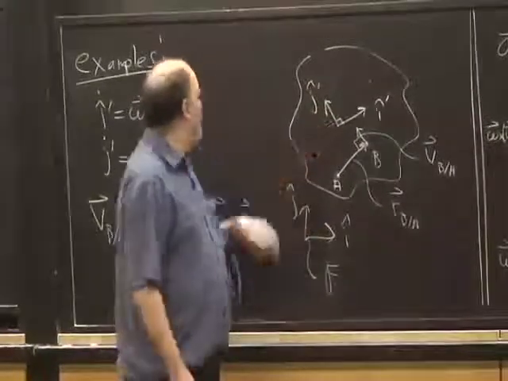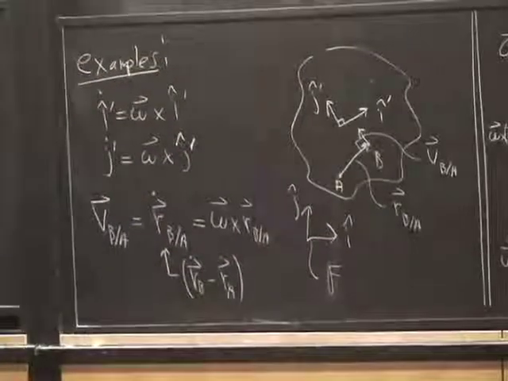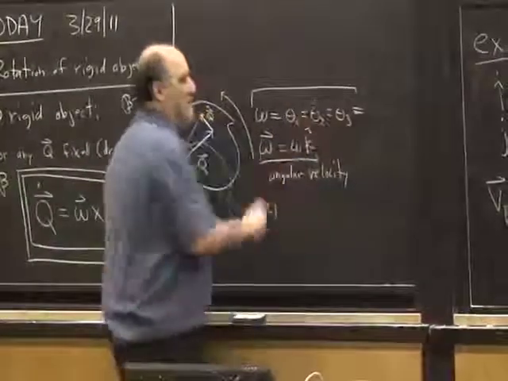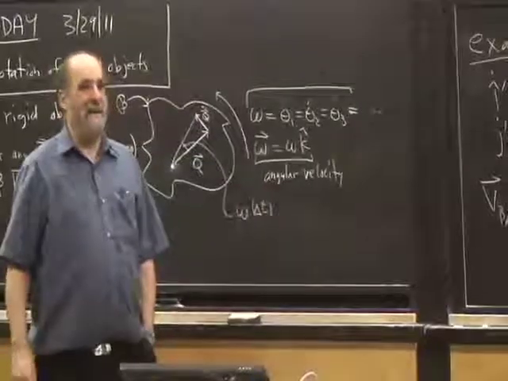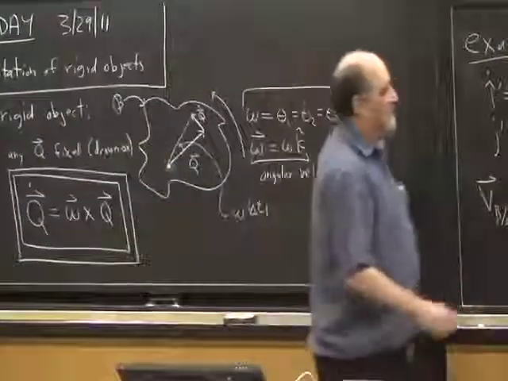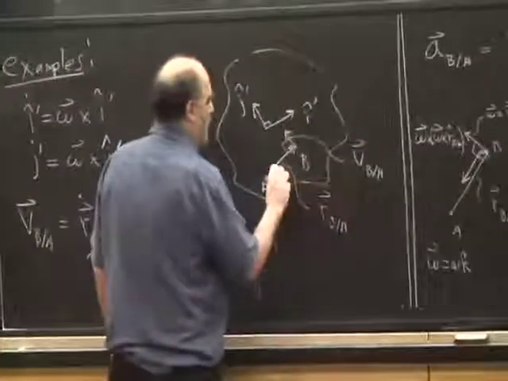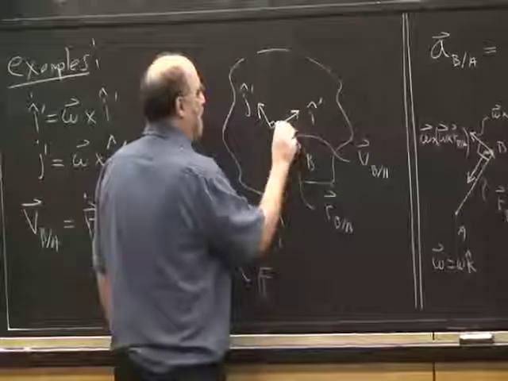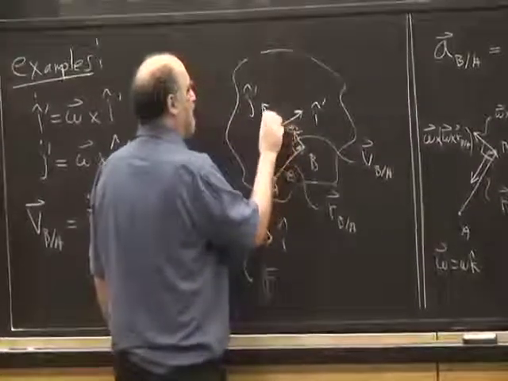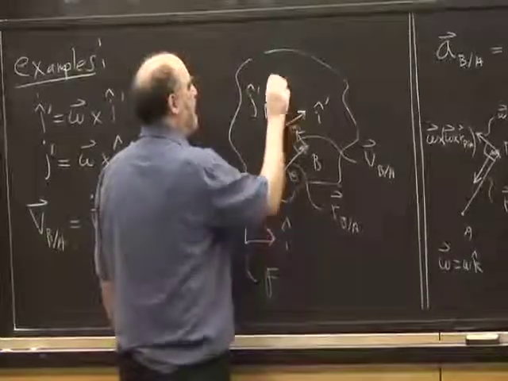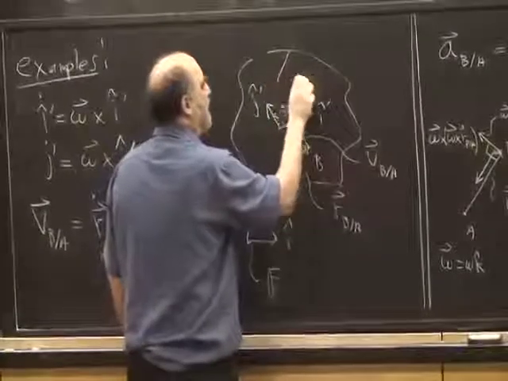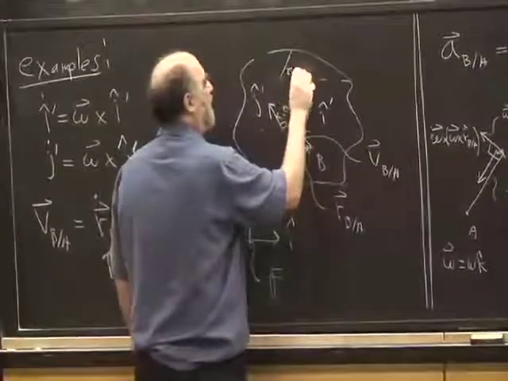So the omega is, this is probably the key formula in terms of what omega is. It's the rate of rotation of any angle, any line that you mark on the object. So I could mark over here a theta 1. I can mark over here a theta 2. I can mark over here a theta 3. I could mark another line over here, and relative to the horizontal, I could call that theta 4.